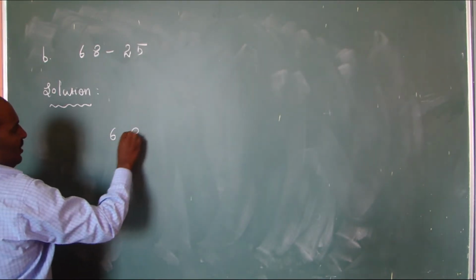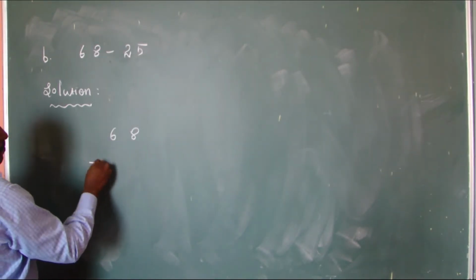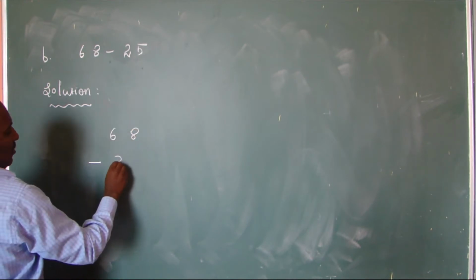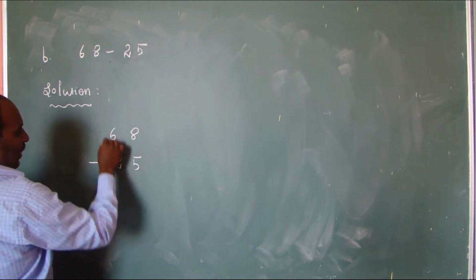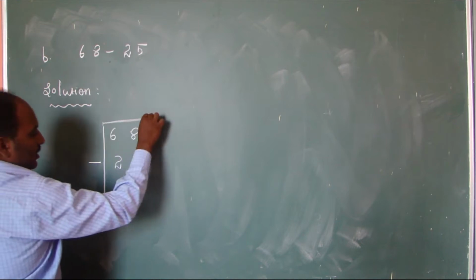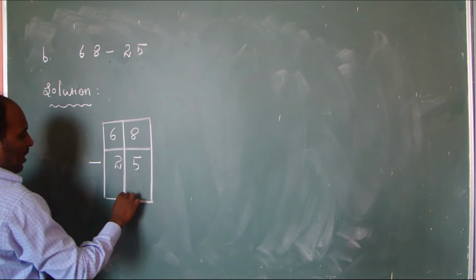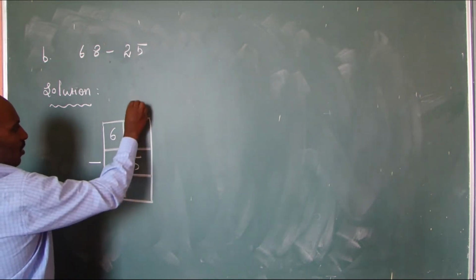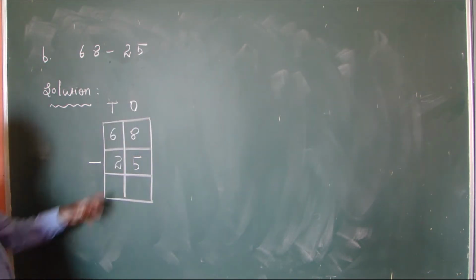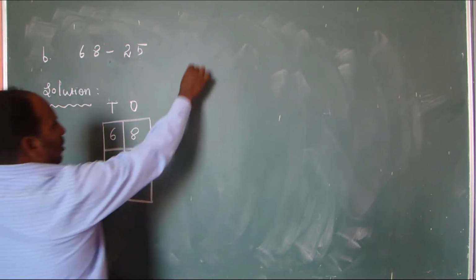First one 68, our operator is minus. Then the second number is 25. 68 minus 25. Next we write the place value, ones and tens.